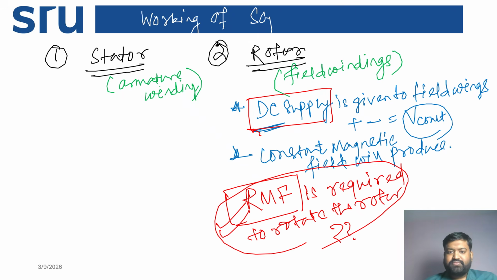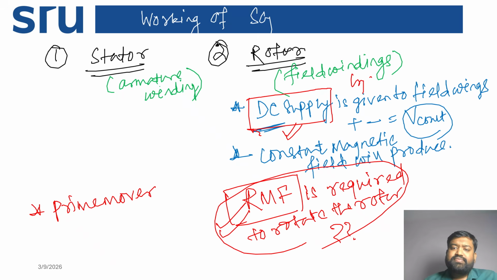To produce the rotating magnetic field, you need a prime mover. The DC supply is given to this rotor by using brushes and slip rings, and you need a prime mover.